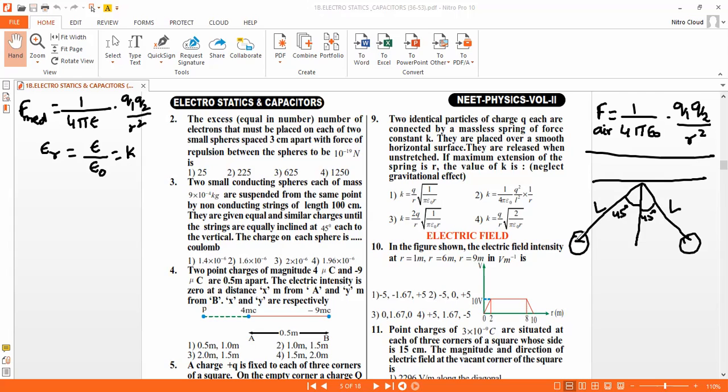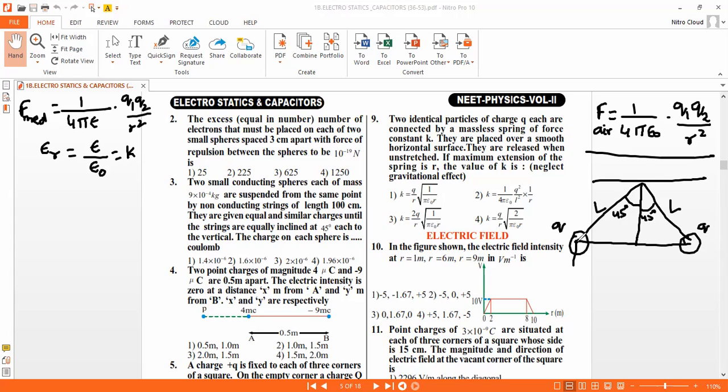Both the spheres have equal charges. They are given equal and similar charges, suppose q, and this one is also q.